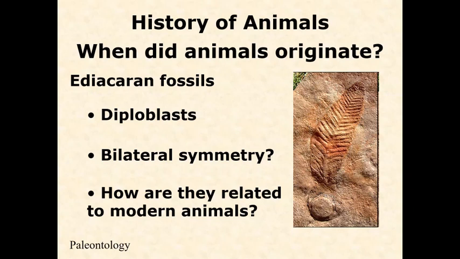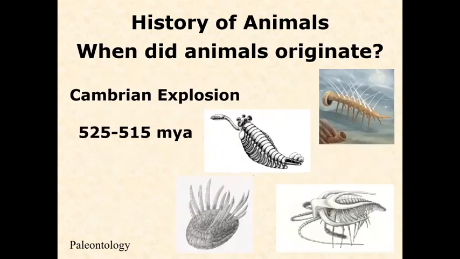Okay. Now we're going to fast forward just a little bit to what we call the Cambrian Explosion. Just a little bit more than 500 million years ago, we see this rapid explosion, right? A huge uptick in the types of animals and the complexity of animals that we see in the fossil record.